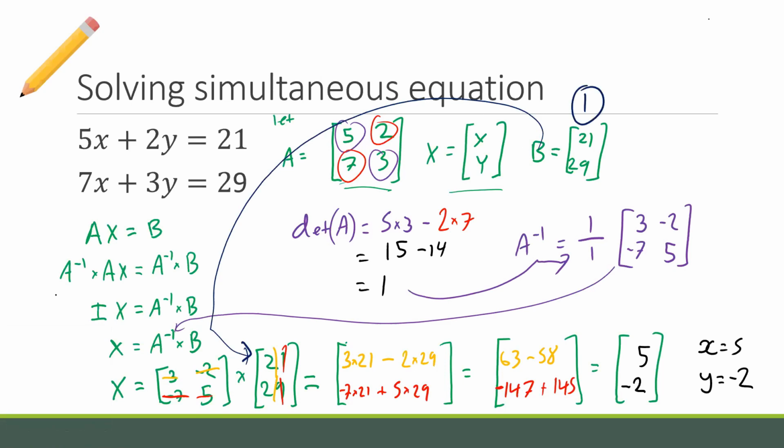Finding the determinant would probably be worth maybe 2. And then the matrix multiplication is probably worth 2. So you're looking at about a 6-mark question.